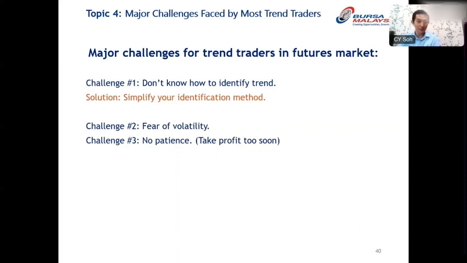And remember the definition of trend, that there will be price changes in the market. So definitely there would be volatility. The market does not move in a straight horizontal flat line, right? So fear of volatility, as well as no patience.